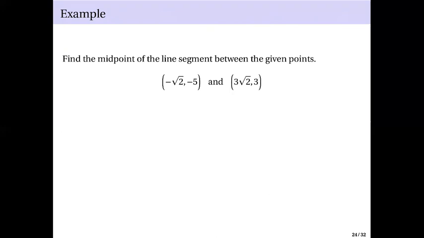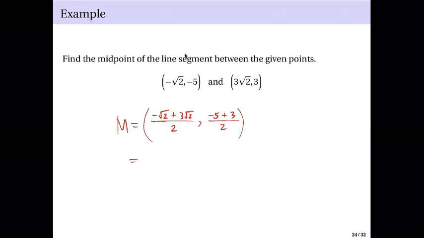For the x part, we have negative square root of 2 plus 3 square root of 2 divided by 2, comma, for the y, you have minus 5 plus 3 divided by 2, then close parenthesis.